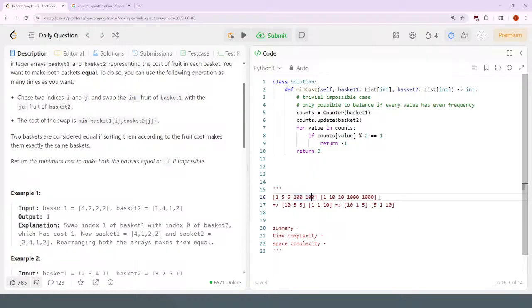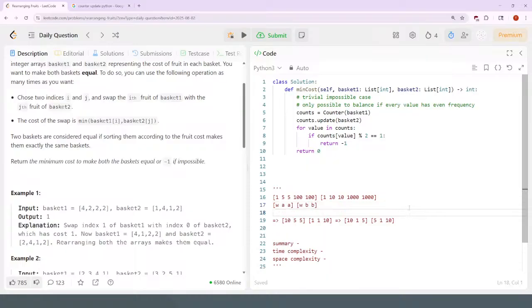So what I'm thinking here is there's some min value, I'll call it m, that's balanced, and then there's some low value, I'll call it w, and then there may be A A on one side and W B B on the other side.